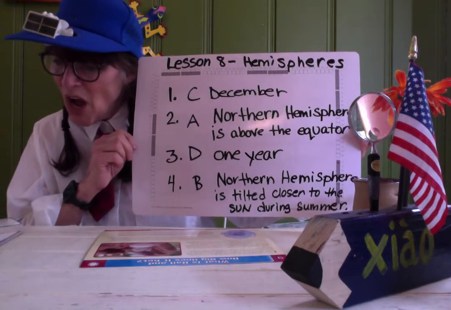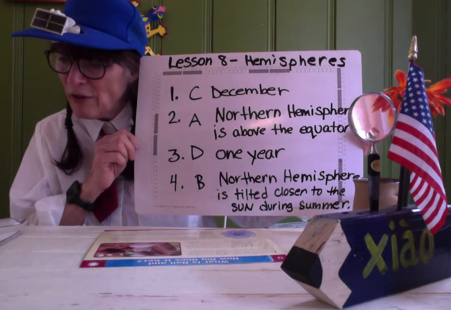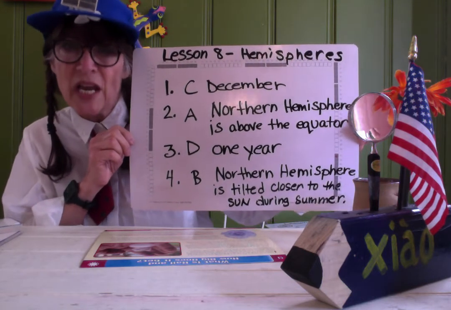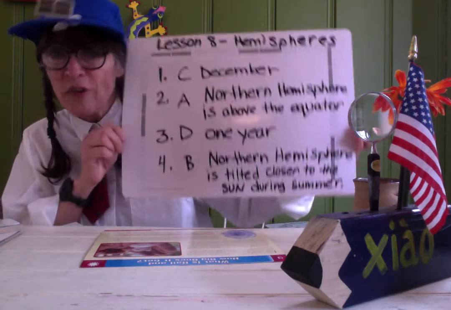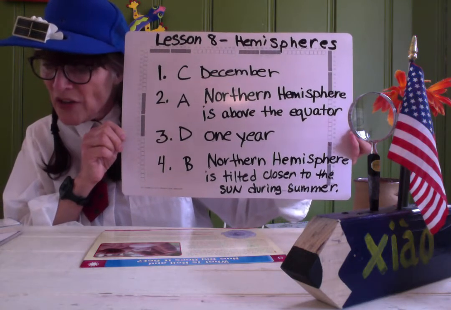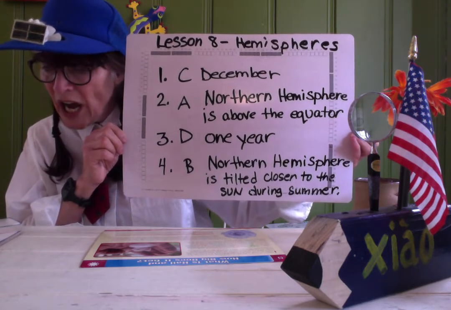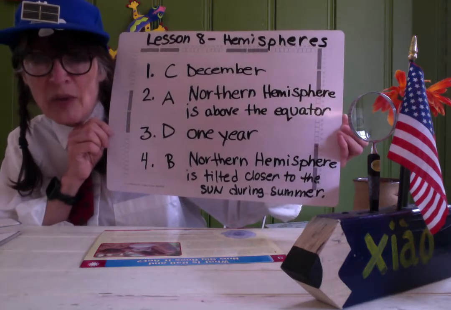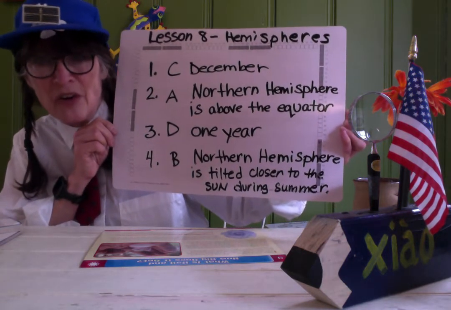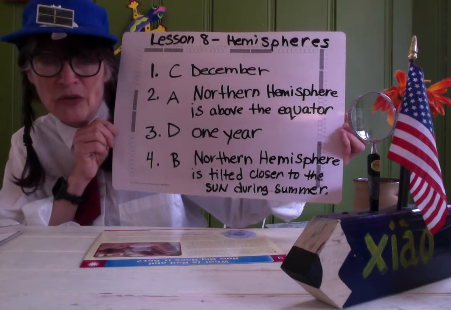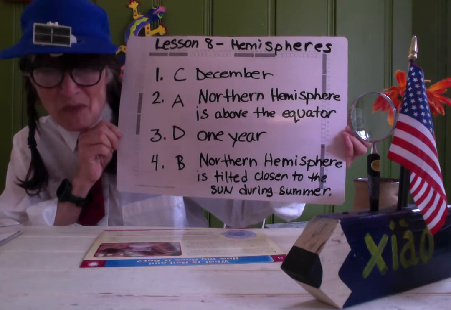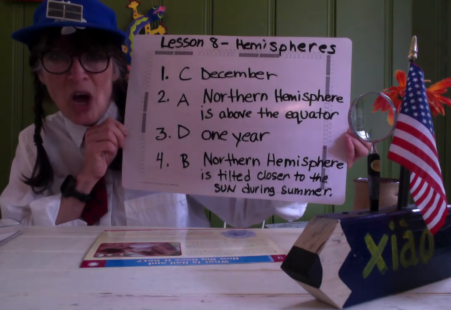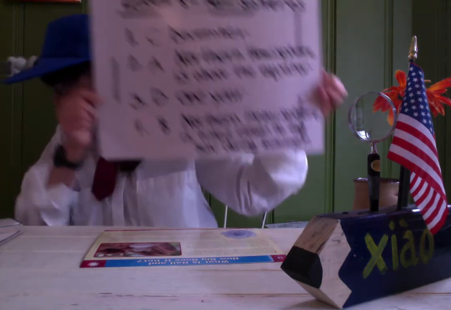Number 3, how long does it take for the earth to travel around the sun? It takes D, 1 year. And the fourth question was, why is the northern hemisphere usually hot in the summer? The answer is B, because the northern hemisphere is tilted closer to the sun in the summer. And that was yesterday's answers about hemispheres.